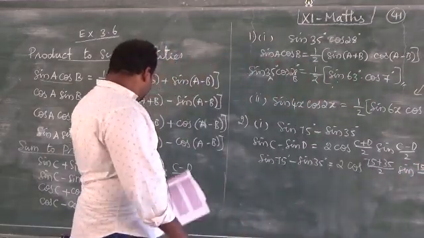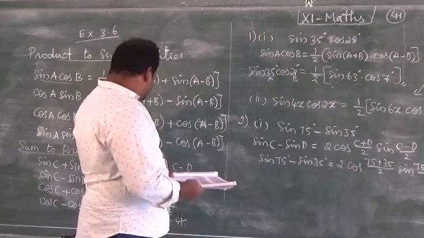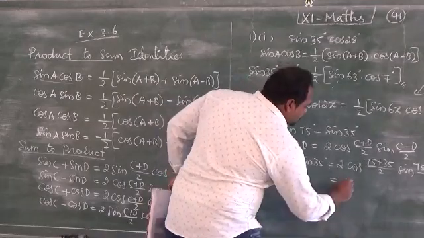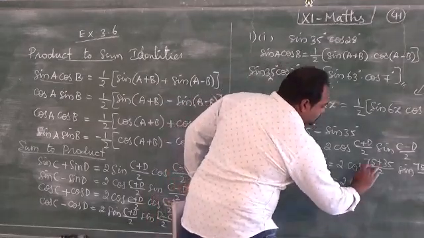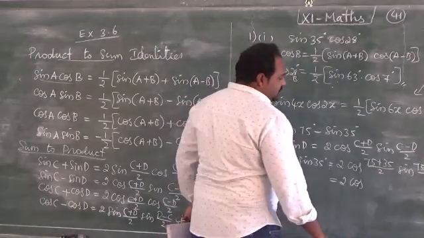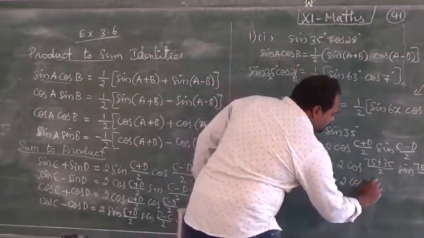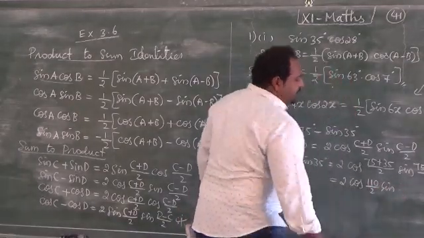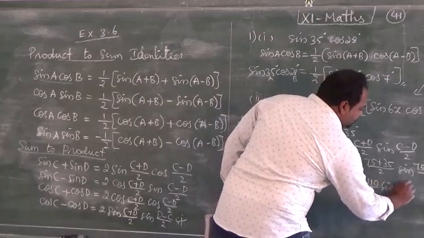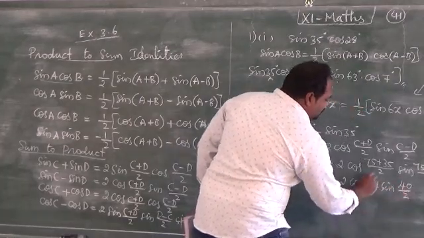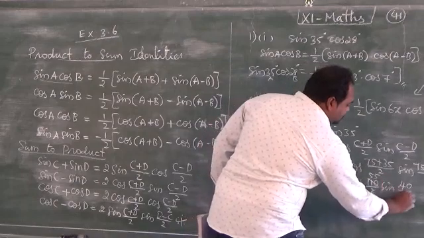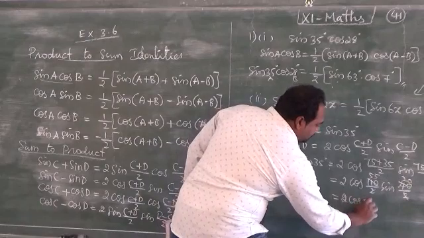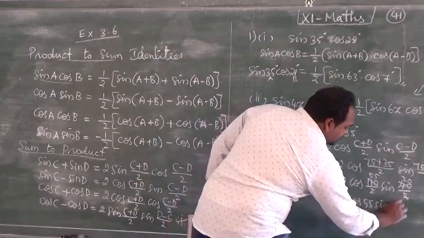So here 2 into cos of 110 by 2, sin of 40 by 2. 110 by 2 is 55, 40 by 2 is 20. So 2 cos 55 degree sin 20 degree is the answer.